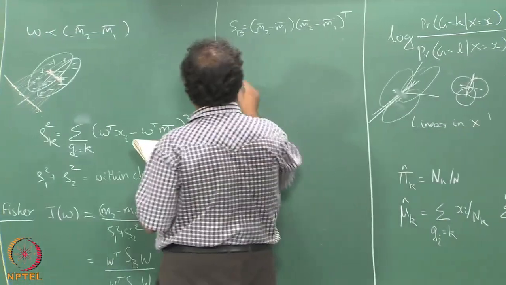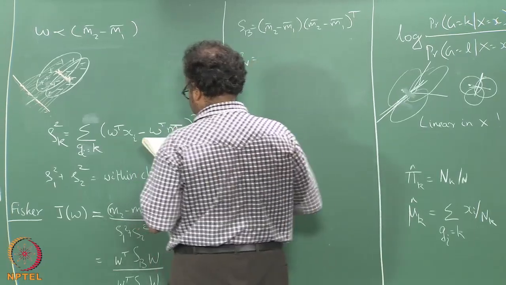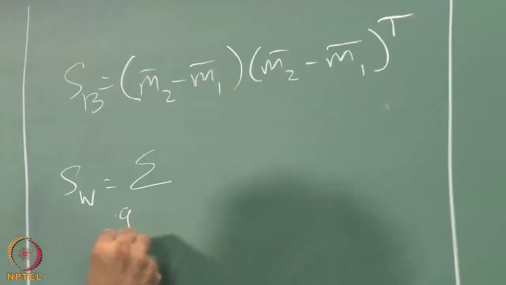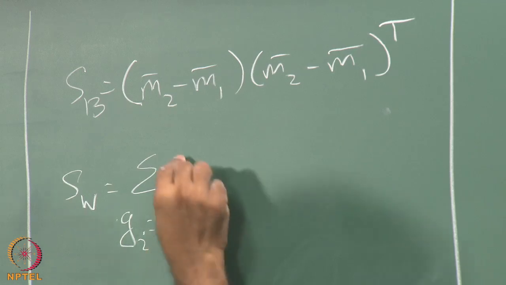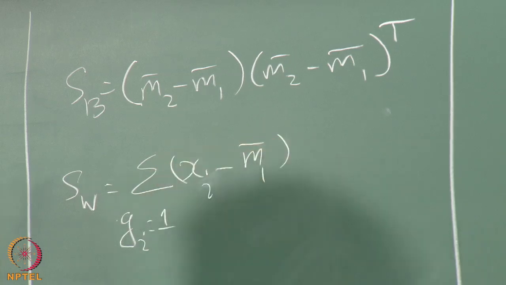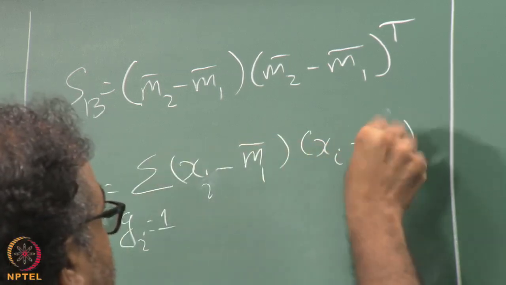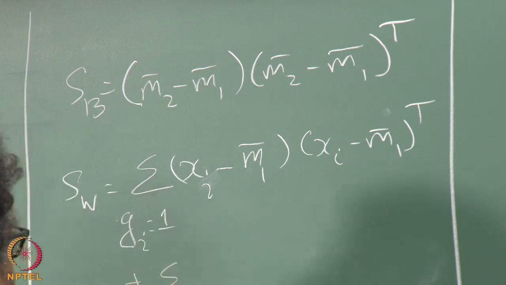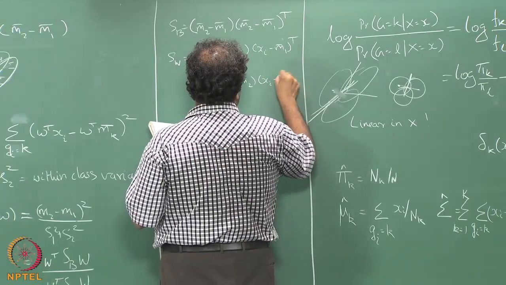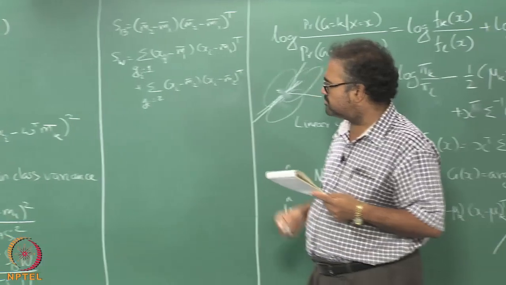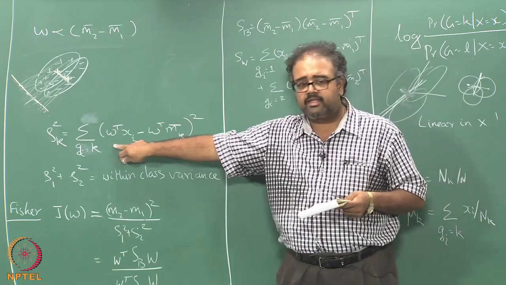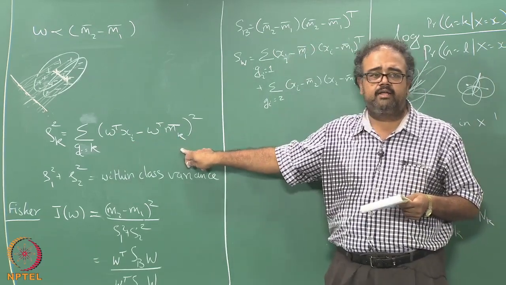Now what about S_W? Likewise, I have this as my S_k squared, right.